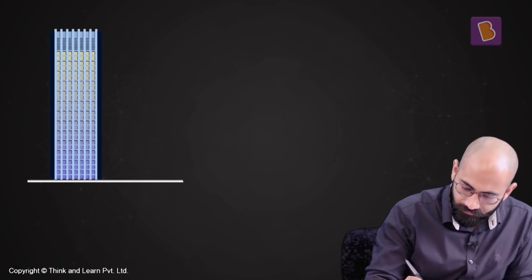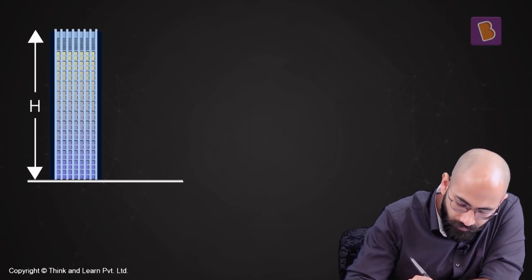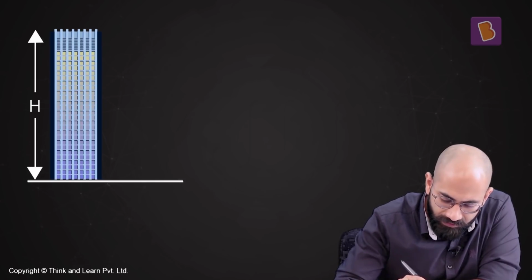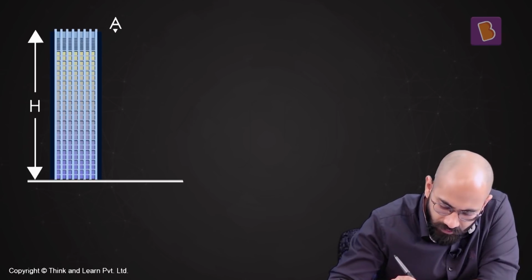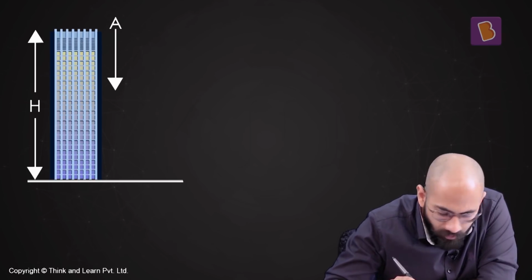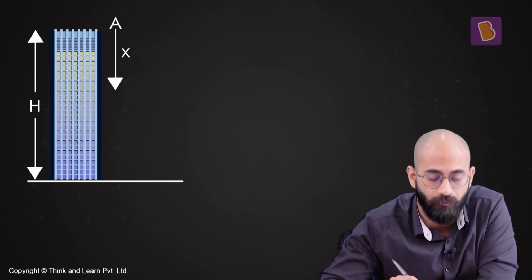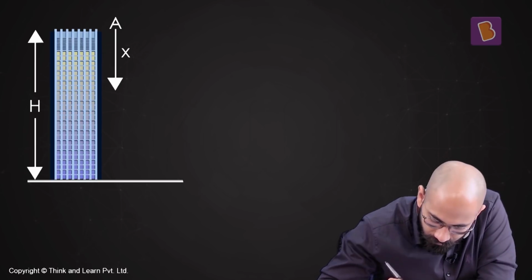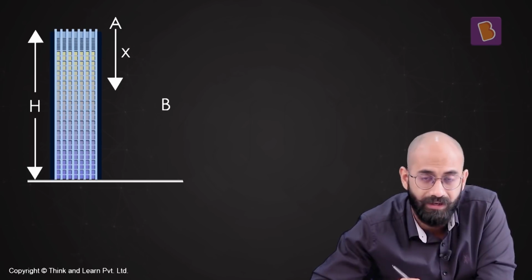All right, so let's say that this is your building of height h. Now what is happening is that an object A, let's say this is your object A, has been dropped, and once it has fallen through a height of x, another object B is dropped at the same time.